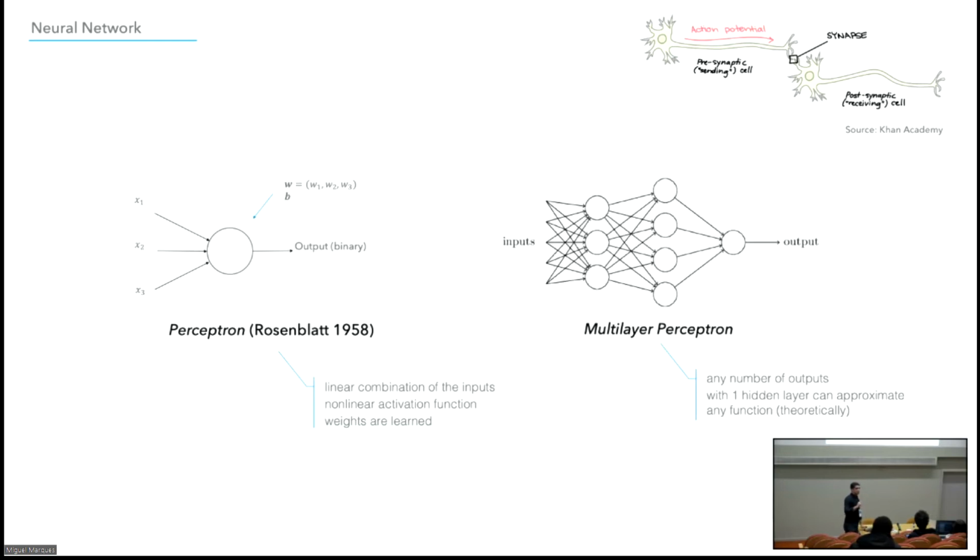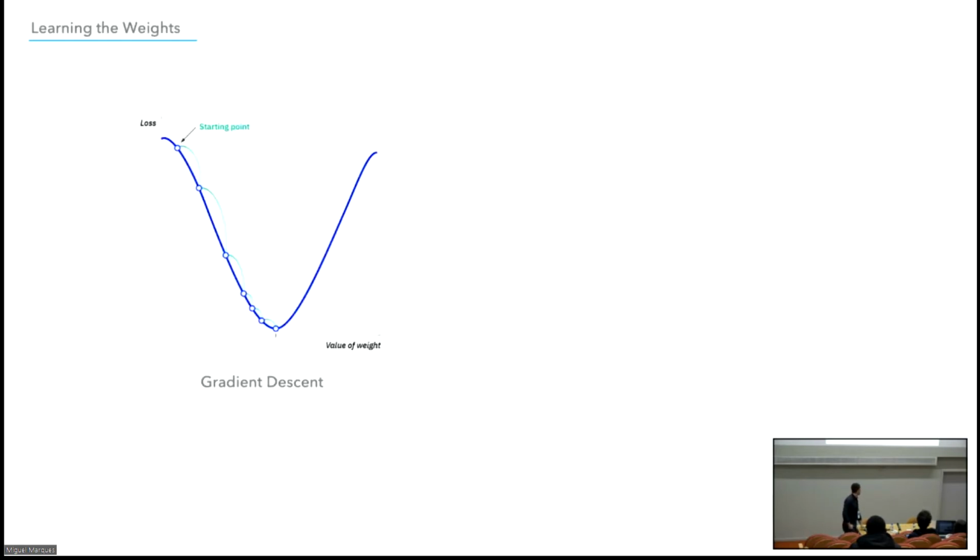How can we learn those weights? And again, I'm just talking very superficially about the techniques. You can learn more about this afterwards. But basically, we do an iterative process, called gradient descent, an optimization technique. In an optimization technique, we might want to maximize or minimize some function.